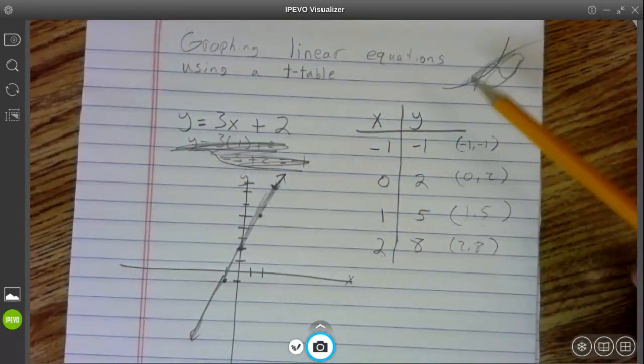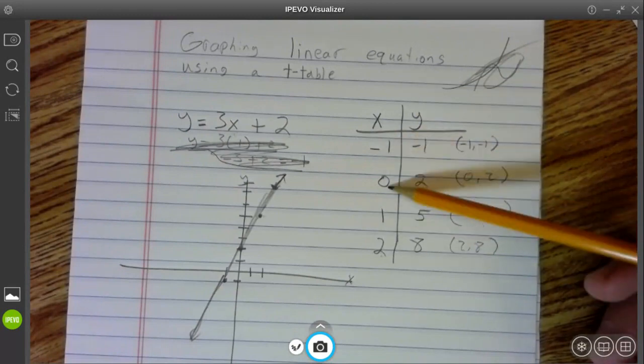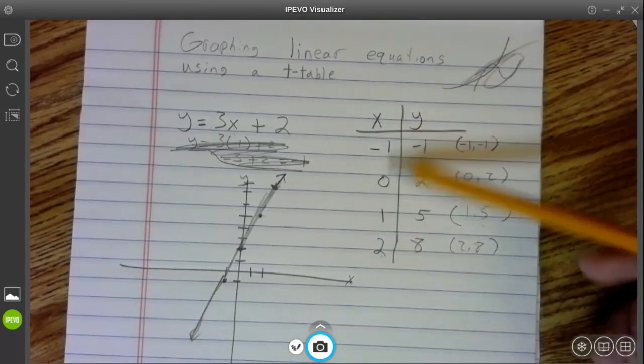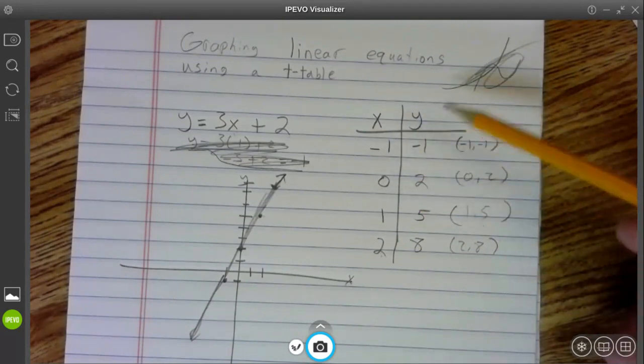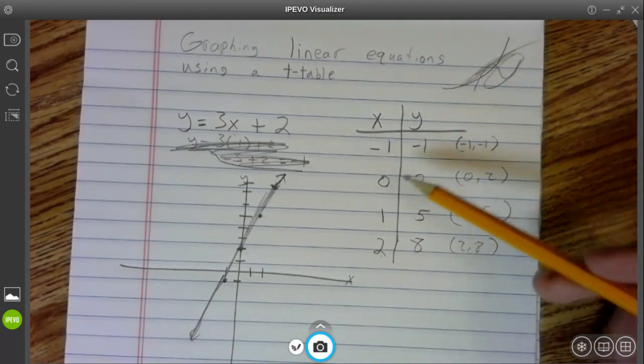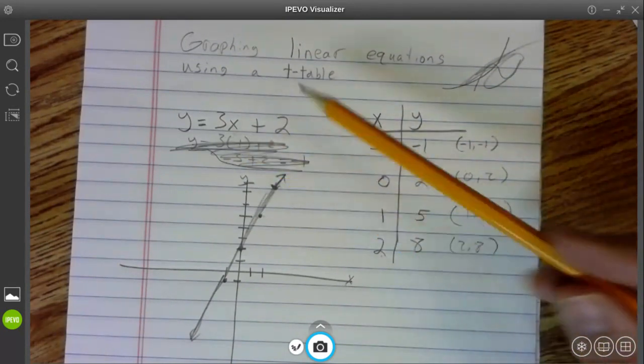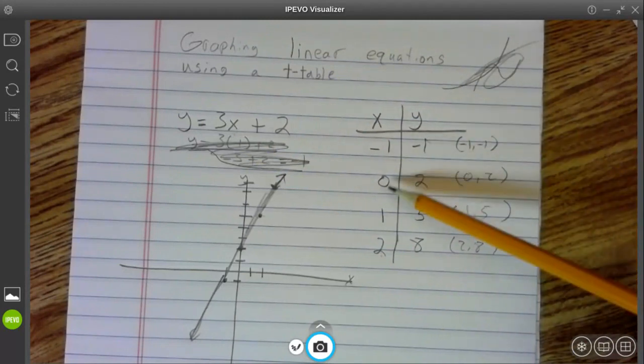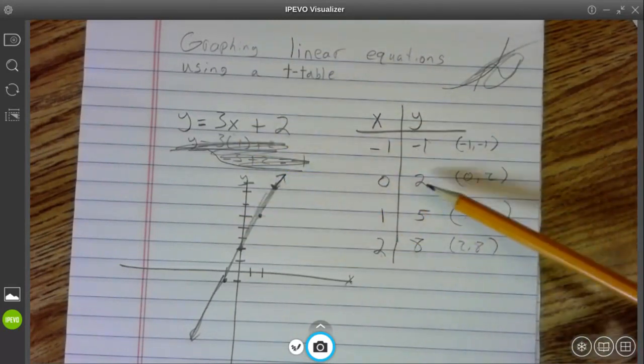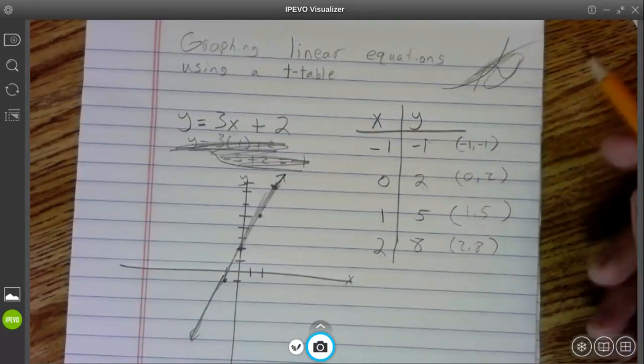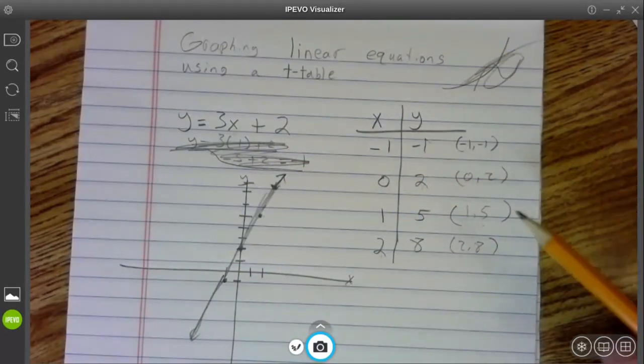So we made a t-table just choosing values for x. I chose values that were close to 0. Normally you do that. And then we plugged -1 in for x, and it gave us -1 back. We plugged in 0 for x, and it gave us 2 back for y. So these are our ordered pairs.